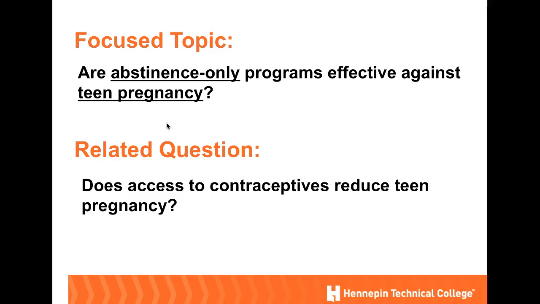So, not to hold you in suspense here, again, teen pregnancy is one of our main terms, so that comes up again in this question here. And then we have a new word or phrase you could pull, contraceptives, or you could pull contraception, and reduce if interested. But we're going to get rid of does access to completely because we are not phrasing this as a sentence or question.